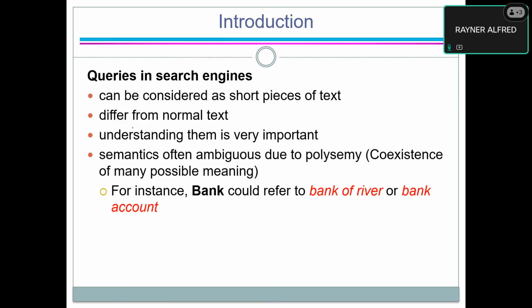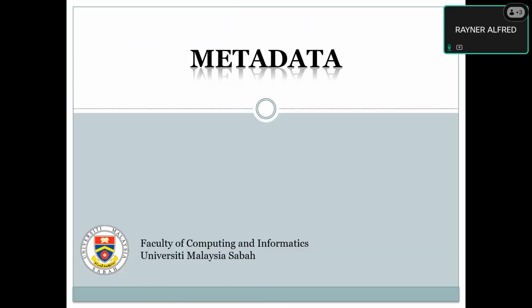For instance, if we type bank, the system will not be able to determine whether it is bank of a river or bank account. So they need to look at how the term bank is used in the sentence. Then they can make the assumption whether we are talking about bank of a river or bank account. Okay. So that's why we need to know about this metadata, because this is the information about our data.